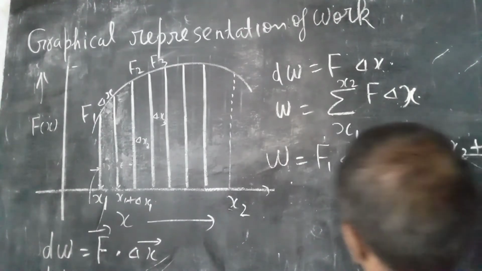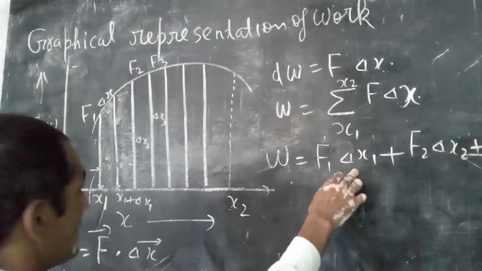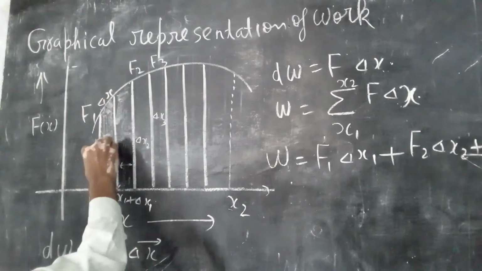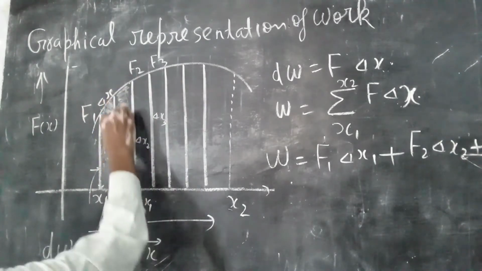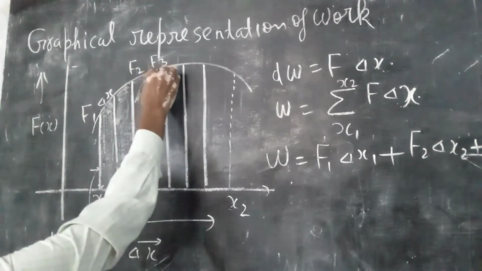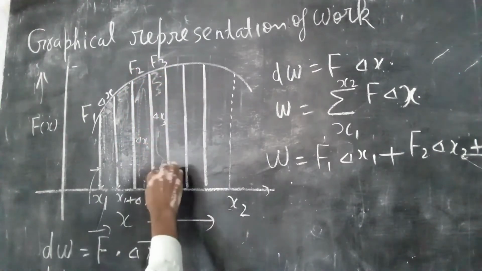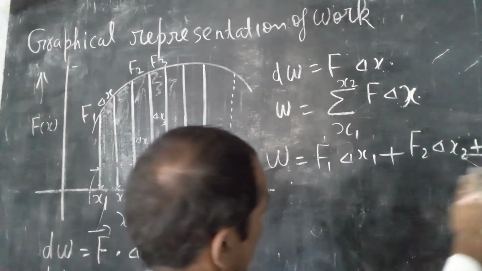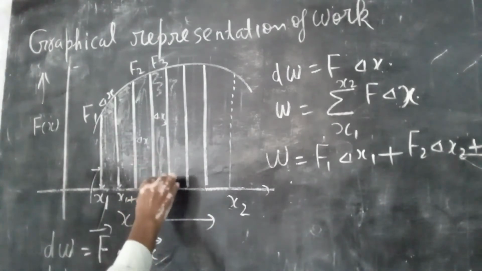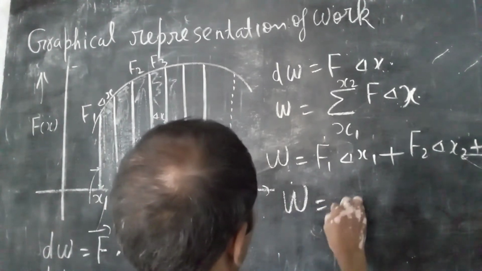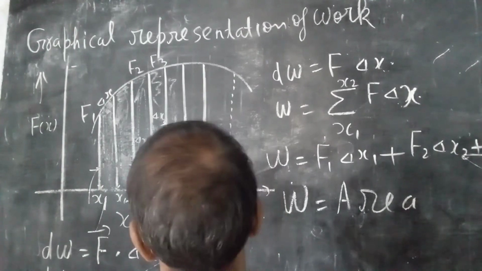F1 delta x1 gives the area of this strip, F2 delta x2 gives the area of this strip, F3 delta x3 gives the area of this strip, and F4 delta x4 gives the area of this strip. So this is the sum of areas of the strips. So net work is equal to the sum of the areas of the strips.